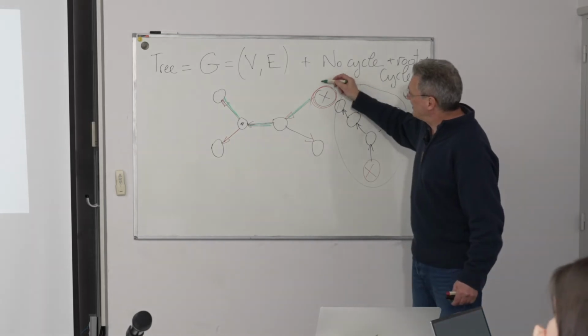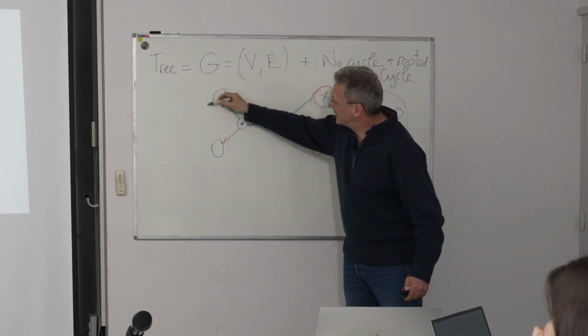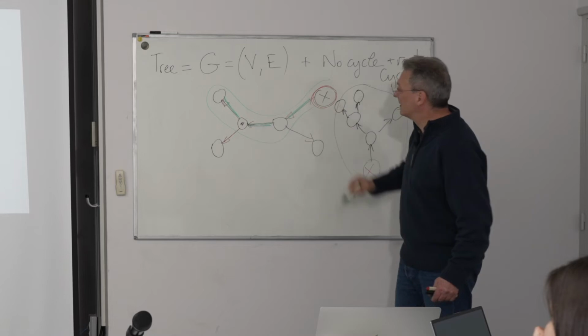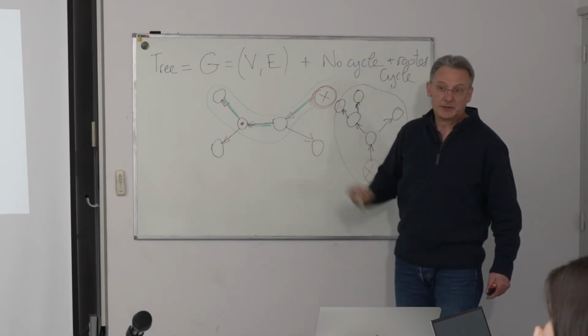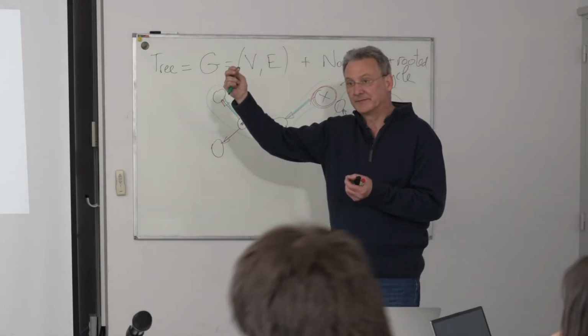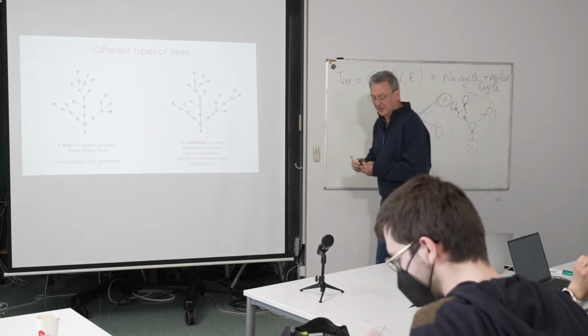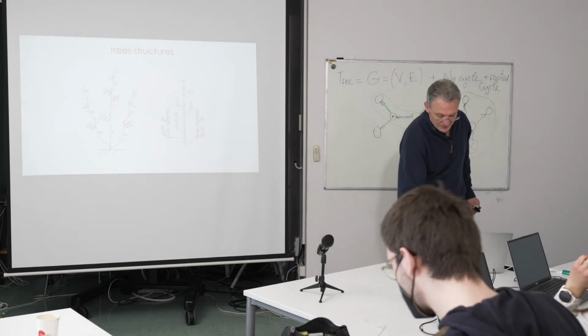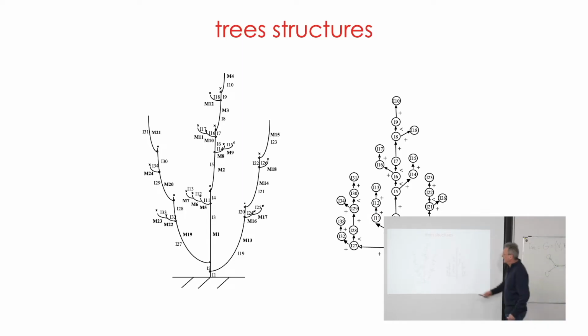You see that this determines particular paths in the graph, and these paths will correspond to the stems of plants. So for instance, here you see that there is a main stem that seems to appear.